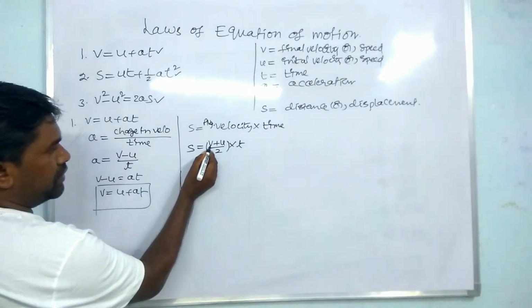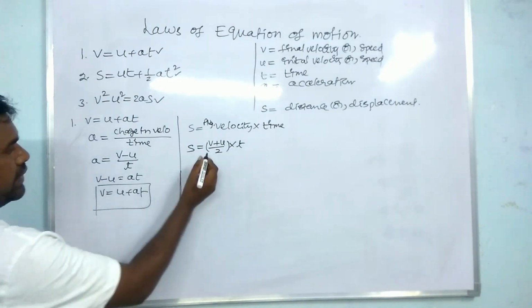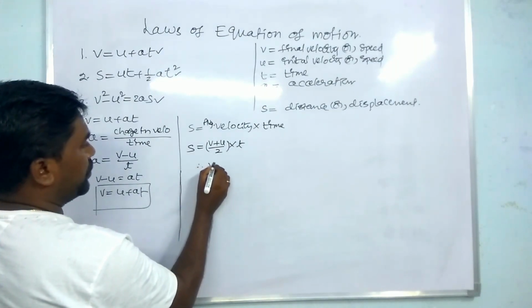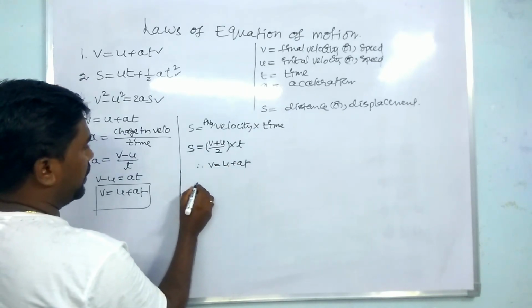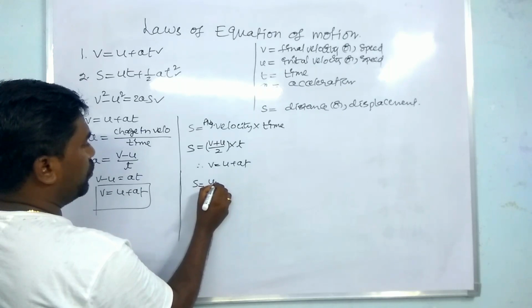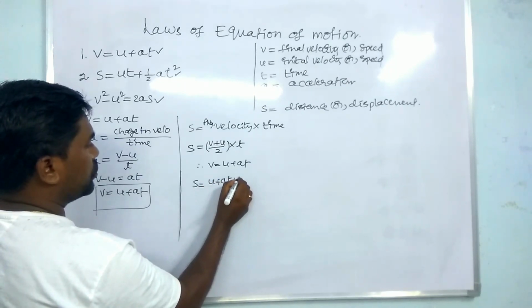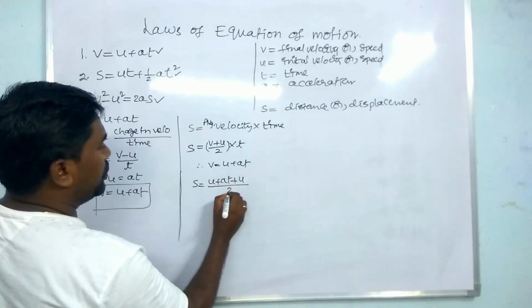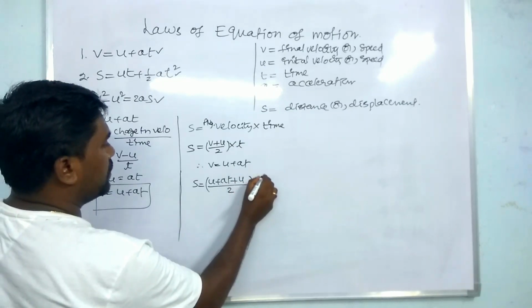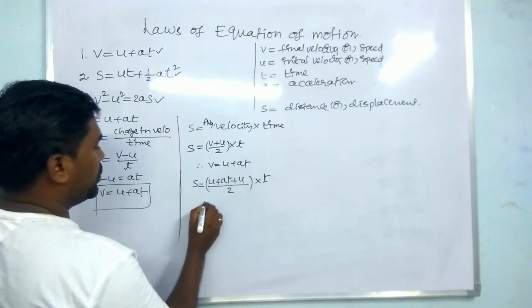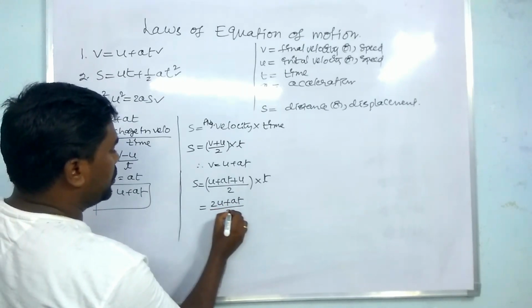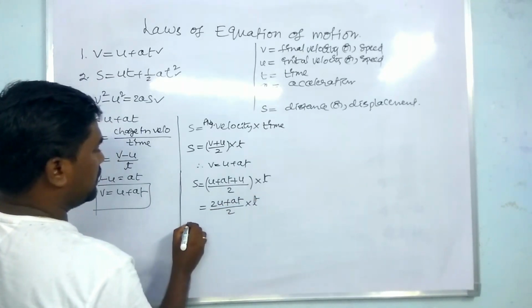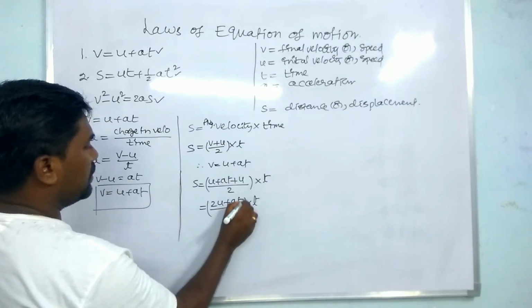But already we derived that V is equal to U plus AT. Let us substitute, replacing the V value here, S is equal to U plus AT plus U by 2 into t. It is U plus U, it is equal to 2U plus AT by 2 into t here, right?